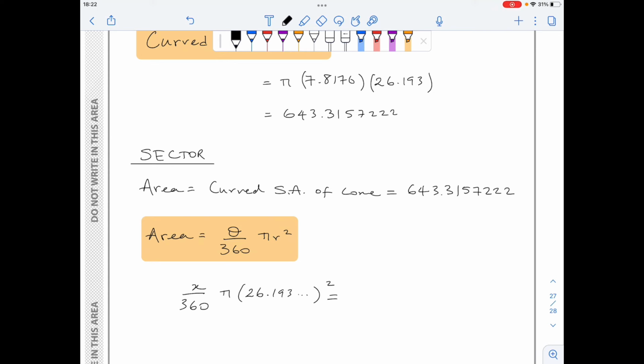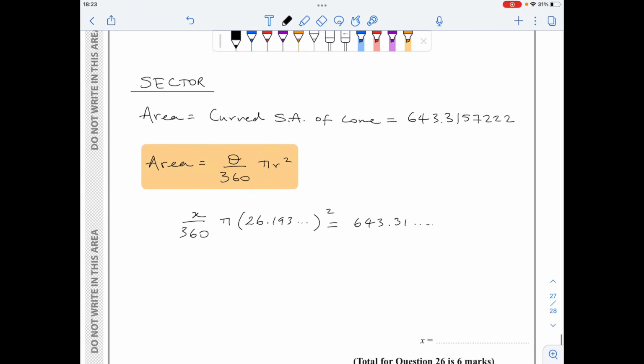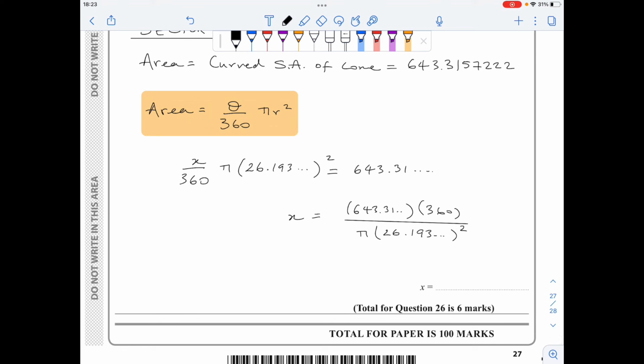And this should be equal to 643.31 and so on. I have more digits here. So x is equal to 643.31 times 360 divided by pi times 26.193 squared. If you put this on the calculator, it will come out to be 107 to the nearest integer.